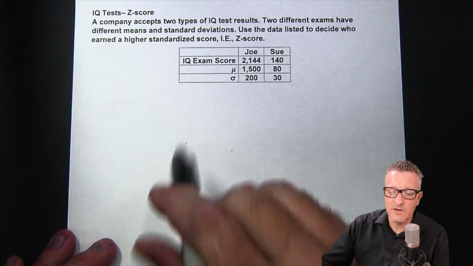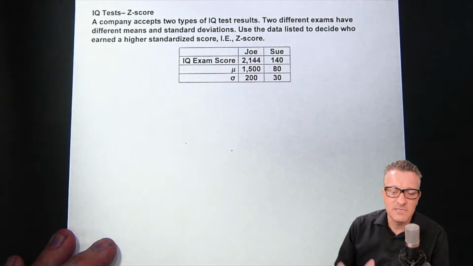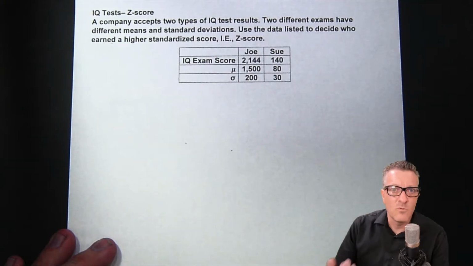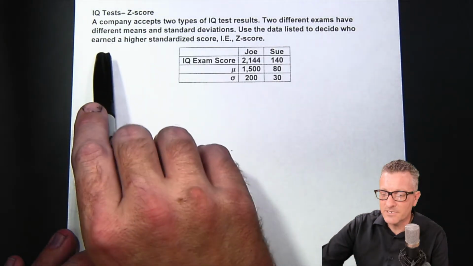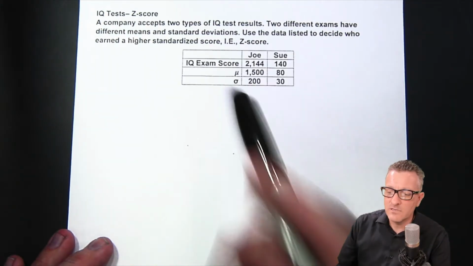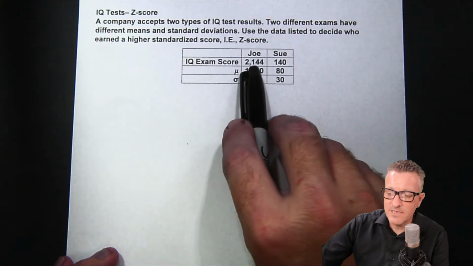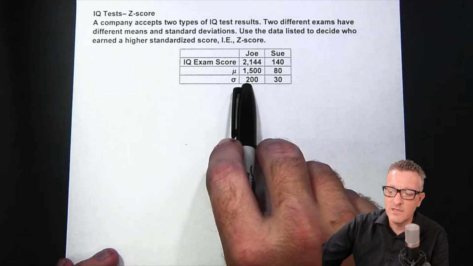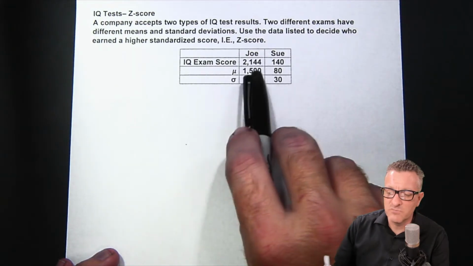Well, you have to compare them in a standardized form. You have to put it into the z-score form and then compare what that index value is, whether it's higher or lower. So it says use the data listed to decide who earned a higher standardized score. So that's what we're going to do. We're going to standardize these results based on this point estimate and apply it to what the norms are for the distribution, for each distribution.